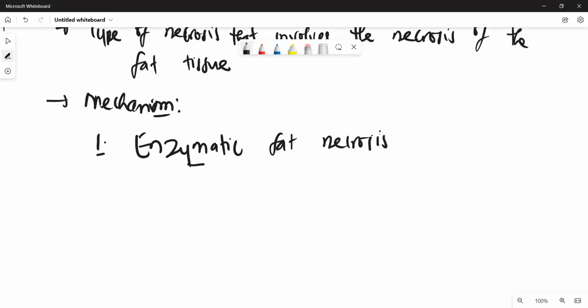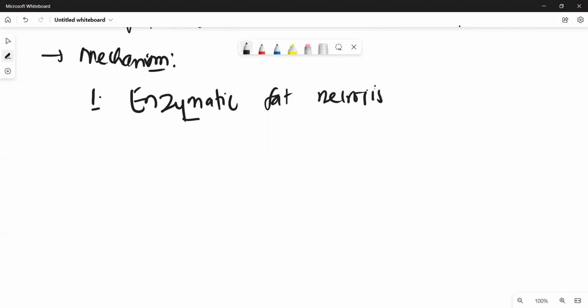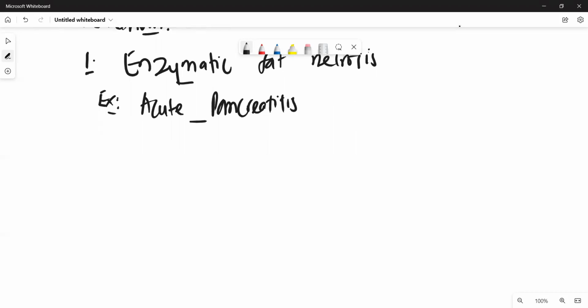But we're going to start with the enzymatic fat necrosis that involves an enzyme. A classic example that we can use here is acute pancreatitis. So acute pancreatitis is a classic example of enzymatic fat necrosis. So let's see what happens.